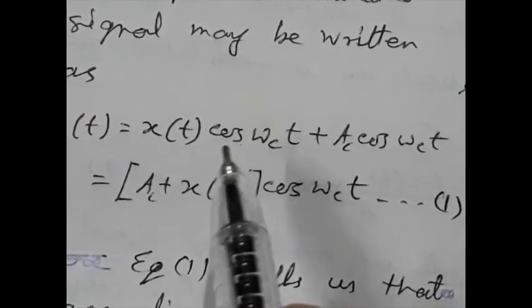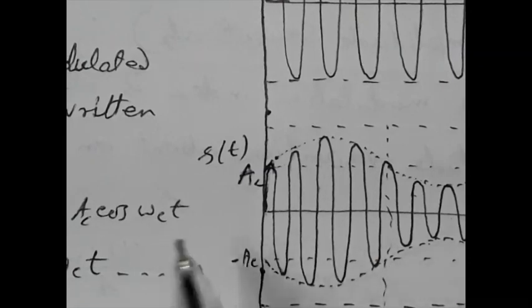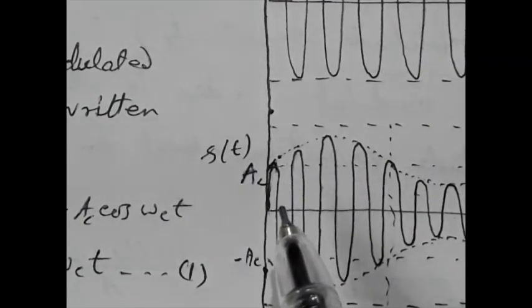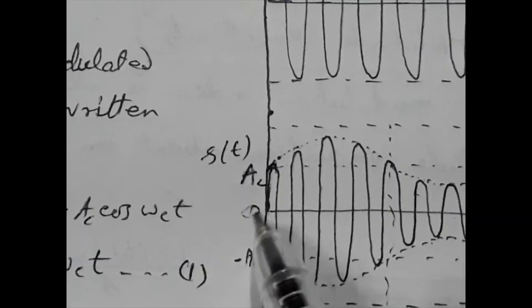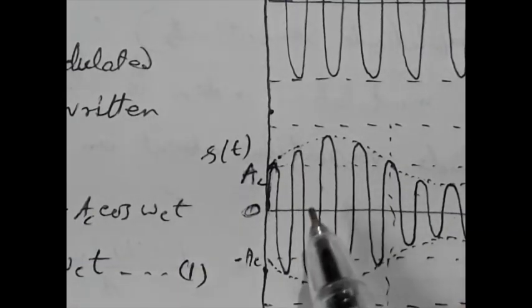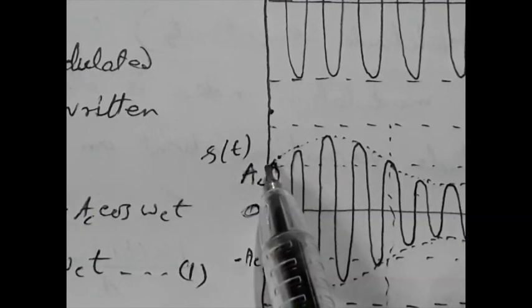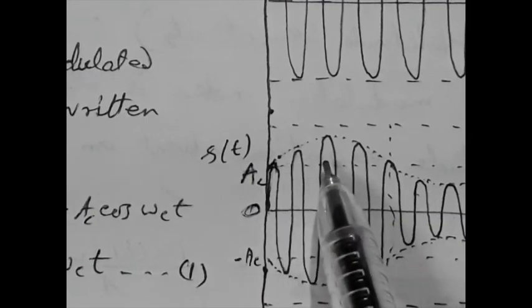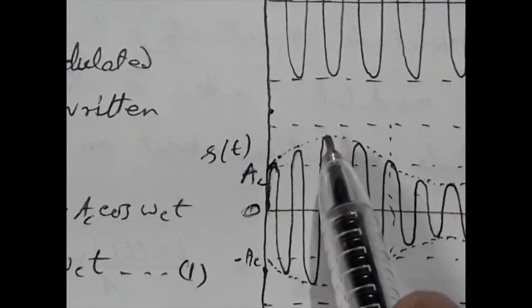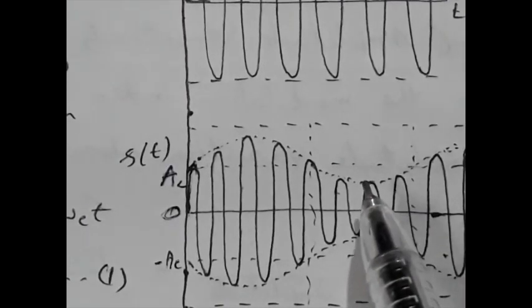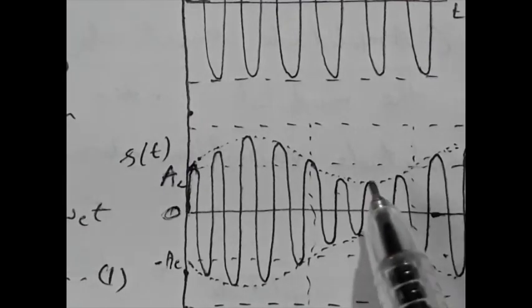This x(t) cos(ωc t) is producing the variation, and Ac cos(ωc t) is the carrier amplitude. That means about this Ac the amplitude will vary depending on the baseband signal x(t). So when x(t) increases, the amplitude of the modulated signal will also increase, and when x(t) decreases, the amplitude of the modulated signal would decrease.